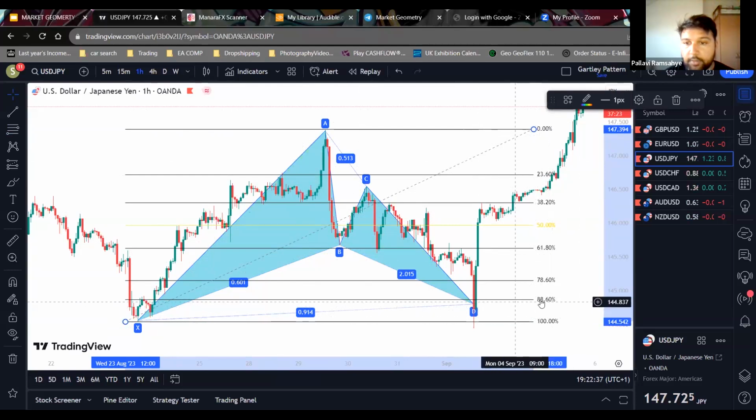So we want to enter at point D. So we could potentially look at entering at 144.800, okay? So more than likely we would look at 144.800.